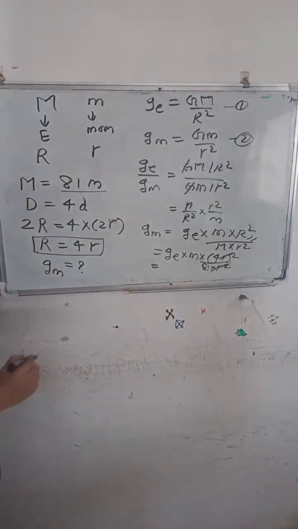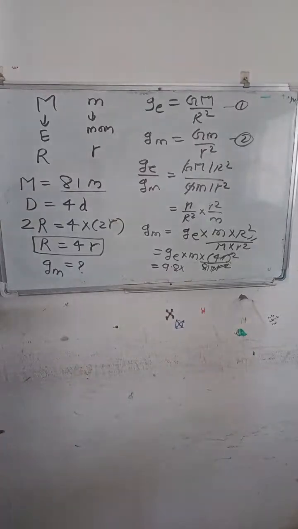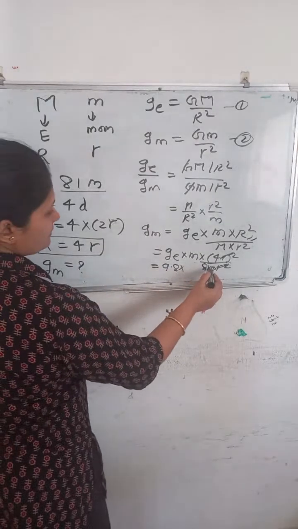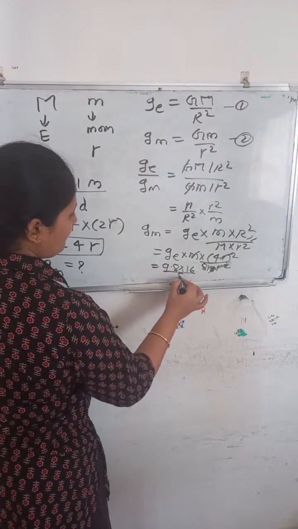So g_e, the gravitation on the surface of the earth, is nothing but 9.8. The small m gets cancelled with the mass, into 16 divided by 81.